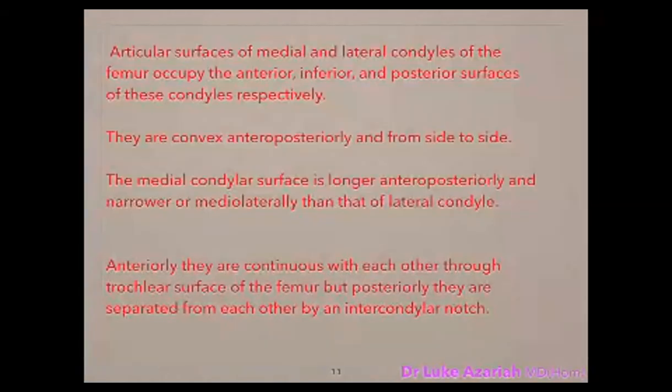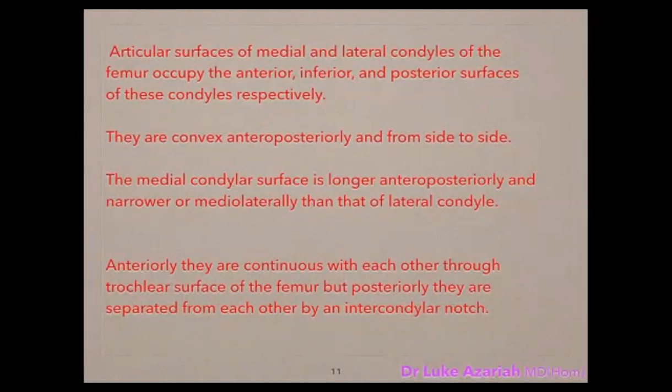So articular surfaces of medial and lateral condyles of the femur occupy anterior, inferior, and posterior surfaces. Only these surfaces of the condyles participate in the formation of the knee joint. They are convex anteroposteriorly and from side to side.